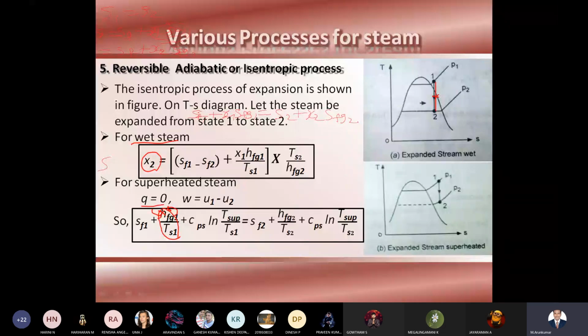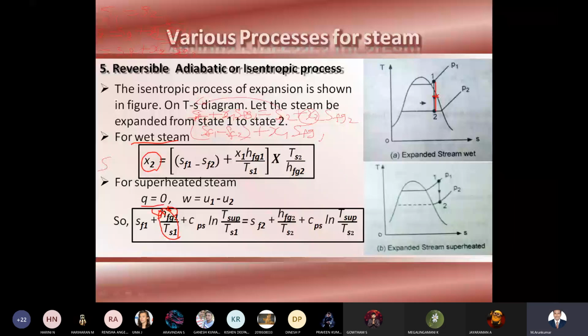This S2 stands for the same as a right, so this is SFG. So we need to keep X2 on one side. So this will come here. We can have SF1 minus SF2 plus X1 into SFG1.